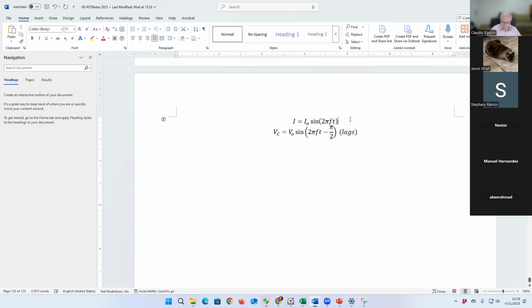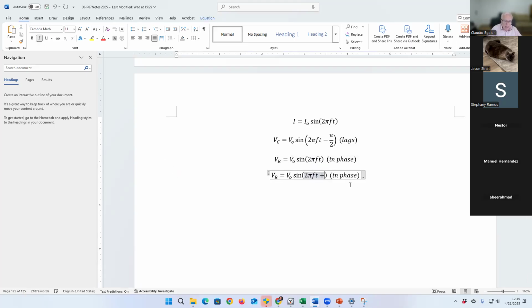It's all the way around, because I inverted the reference. For a resistor that's going to be in phase, and for an inductor, the voltage leads.